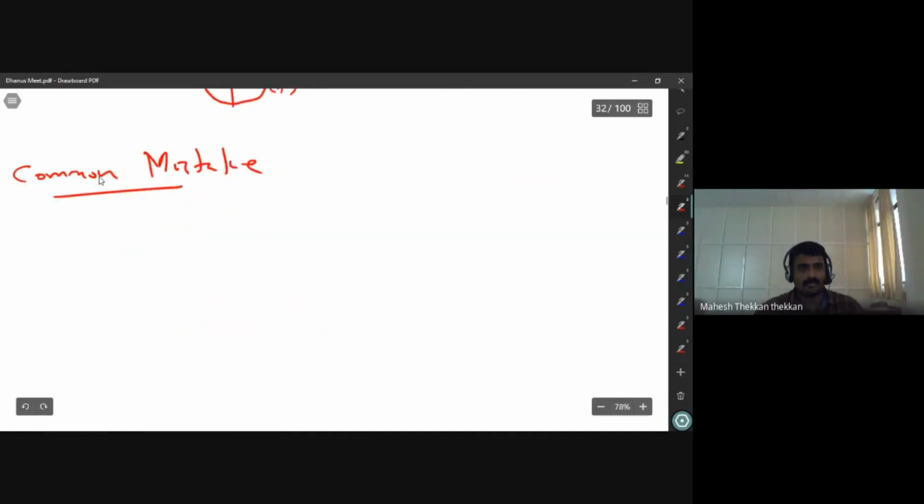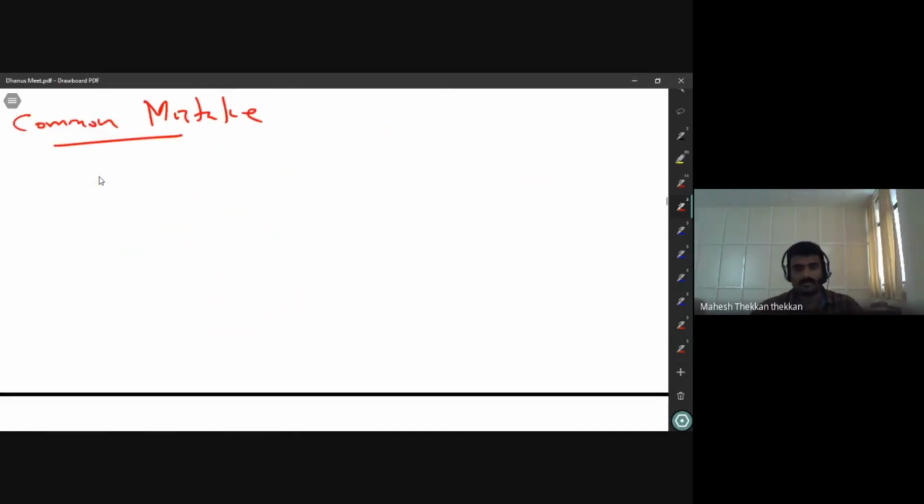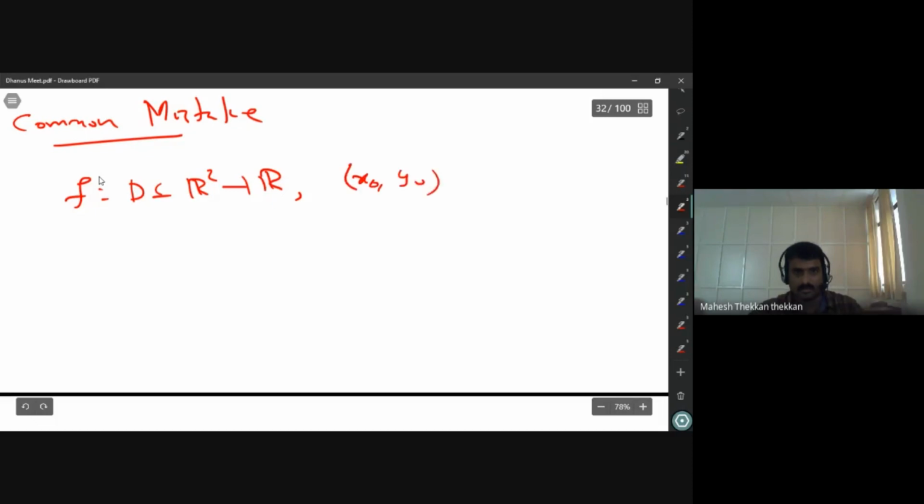Suppose you are given a function f from a subset D of R2 to R, a point (x naught, y naught) in D, and a direction u = (u1, u2), and you are asked to find the directional derivative.